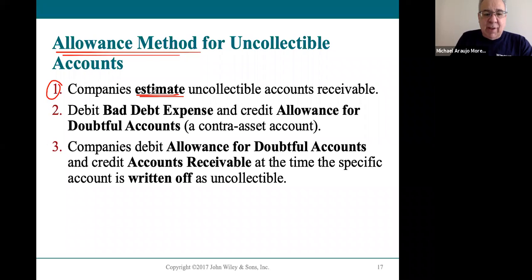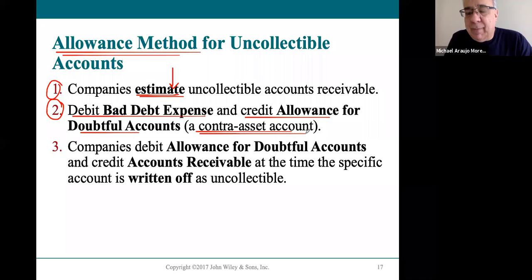So at the end of the accounting year, they will first estimate what their bad debt would be, what their uncollectible account would be. And then at the end of the year, they would debit their bad debt expense once. It's like an adjusting entry. It just does once at the end of the year. And they'll credit the allowance for doubtful accounts. Remember, the allowance for doubtful accounts is a real account. It's an asset account, but it's a contra asset account, which means it has an opposite balance. Okay.